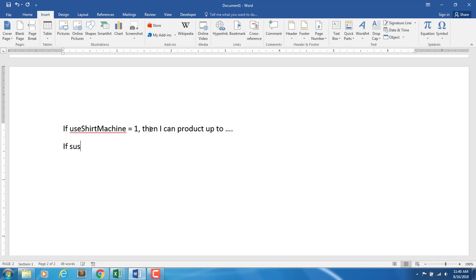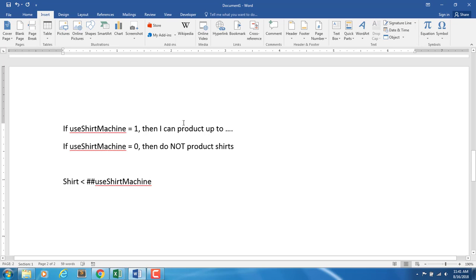If use shirt machine is 0, then do not produce shirts. So then we'll have something like shirts less than or equal to some number times use shirt machine. So the question is, what is this number?